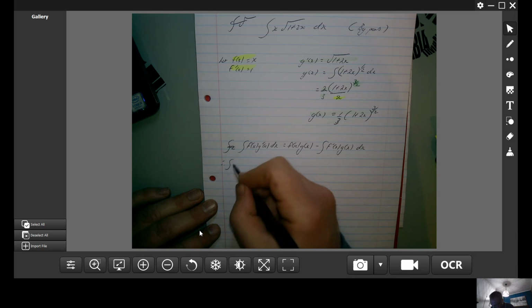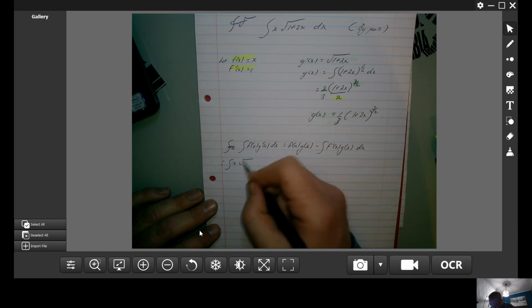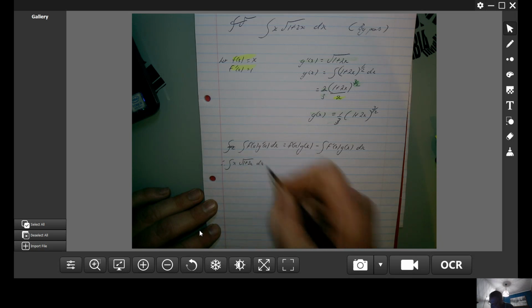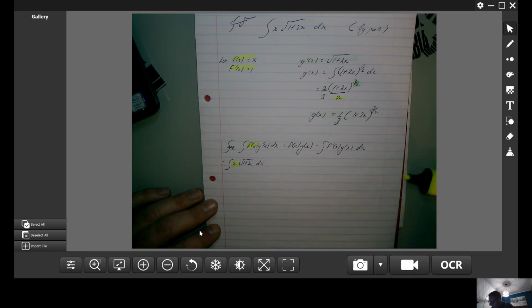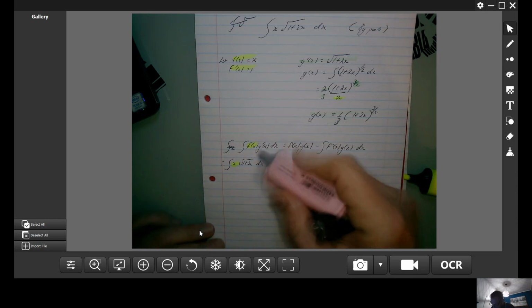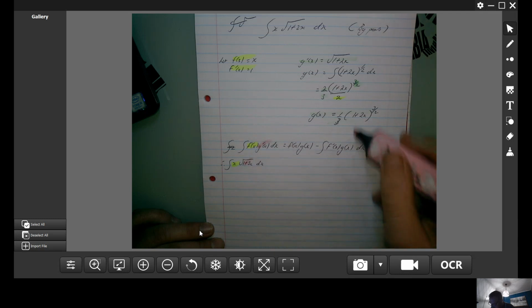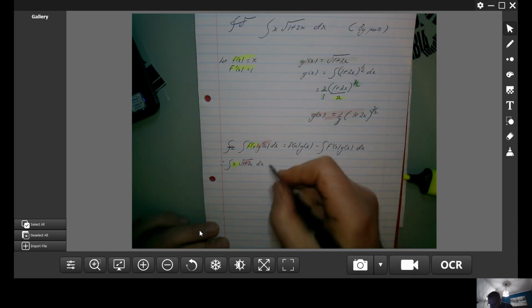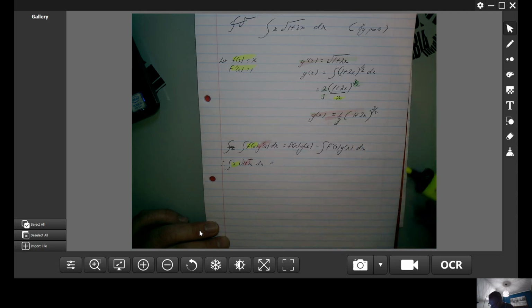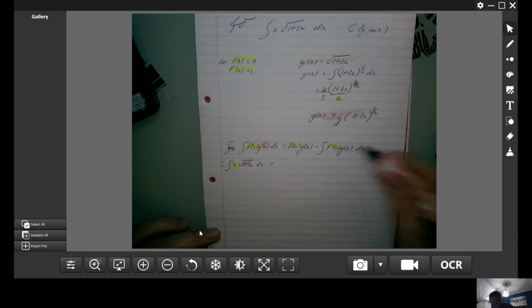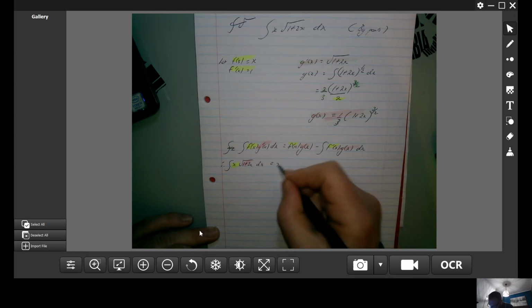In other words, the integral of x root 1 plus 2x with respect to x. So f of x is that, g dashed of x is that, g of x is that. Okay, so I'm going to have f of x times g of x. So f of x is x.